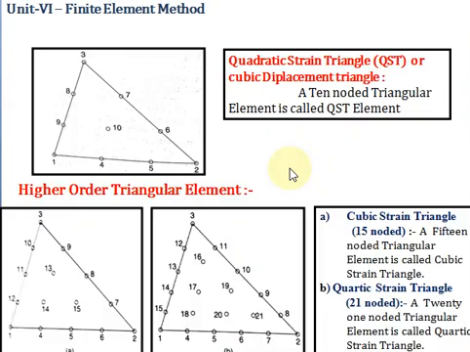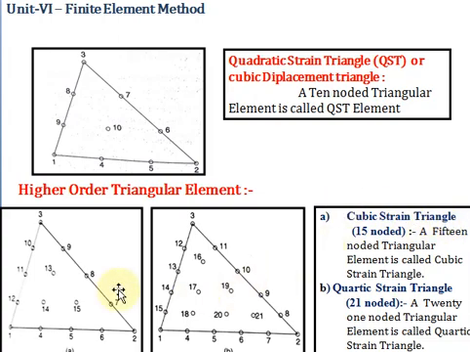After learning the CST and LST elements, we will see the quadratic strain triangle, QST. It is called a cubic displacement triangle. In this triangle, the number of nodes is equal to 10, and a 10-noded triangular element is called QST. Now we'll see some higher order triangular elements. The first is the cubic strain triangle.